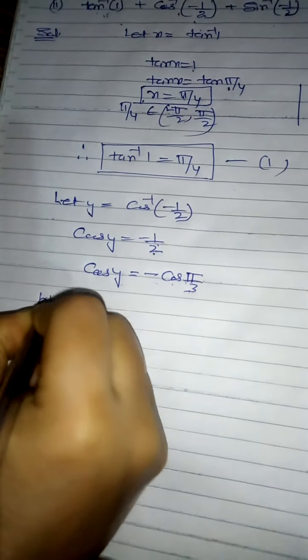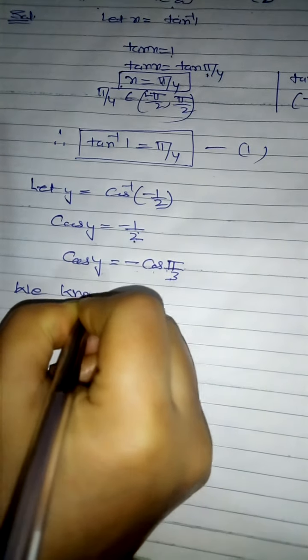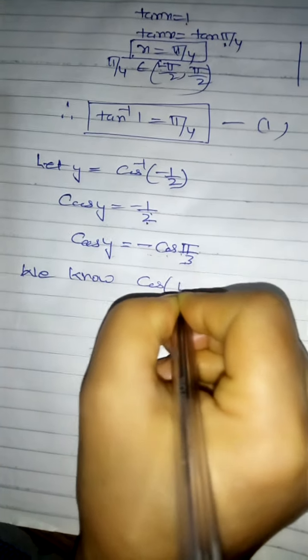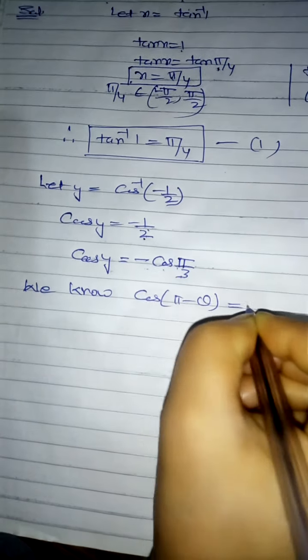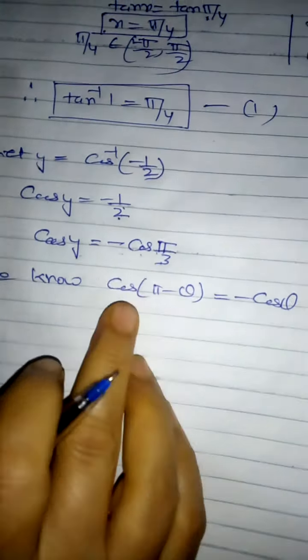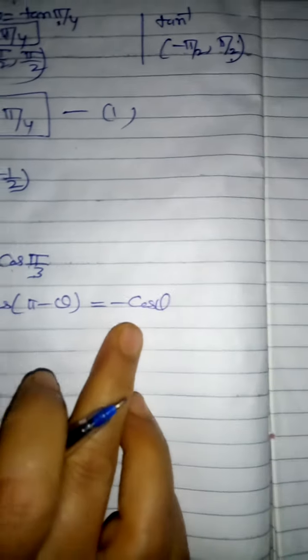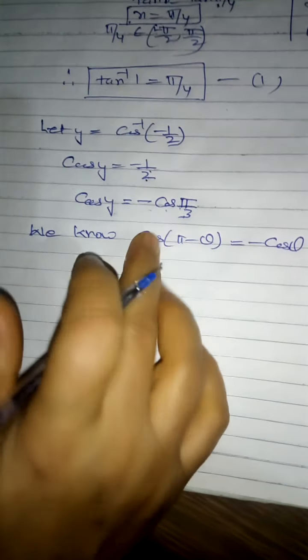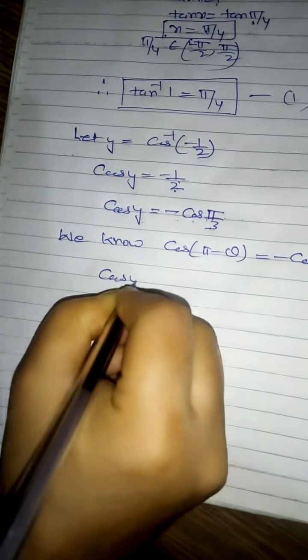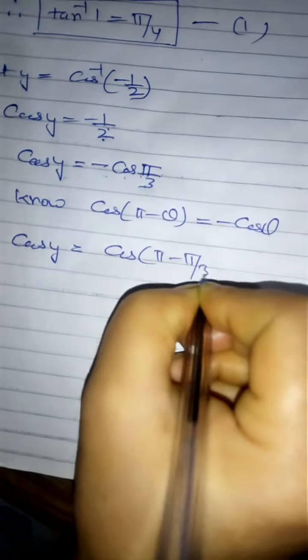We know cos of pi minus theta equals minus cos theta. Similarly here, minus cos pi by 3, so we can write cos y equal to cos of pi minus pi by 3.